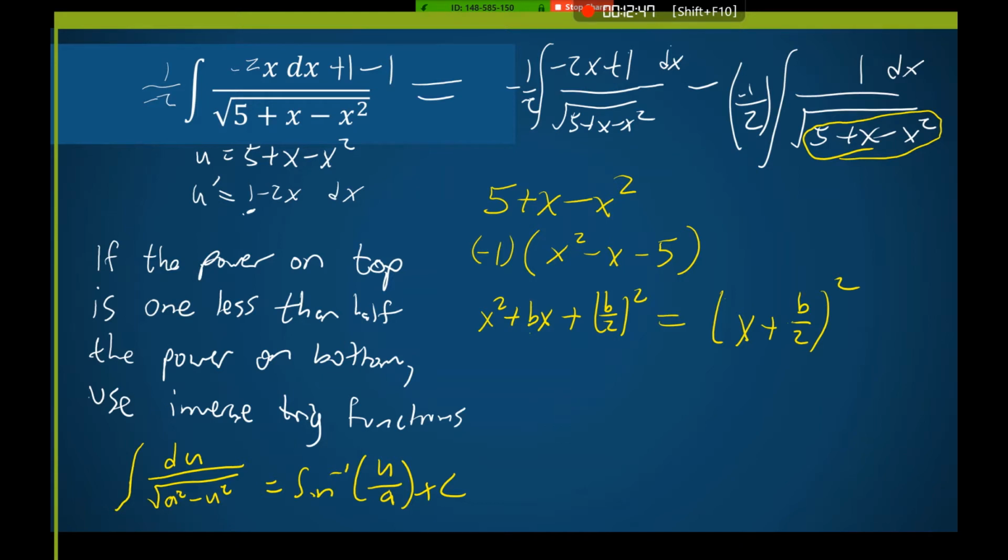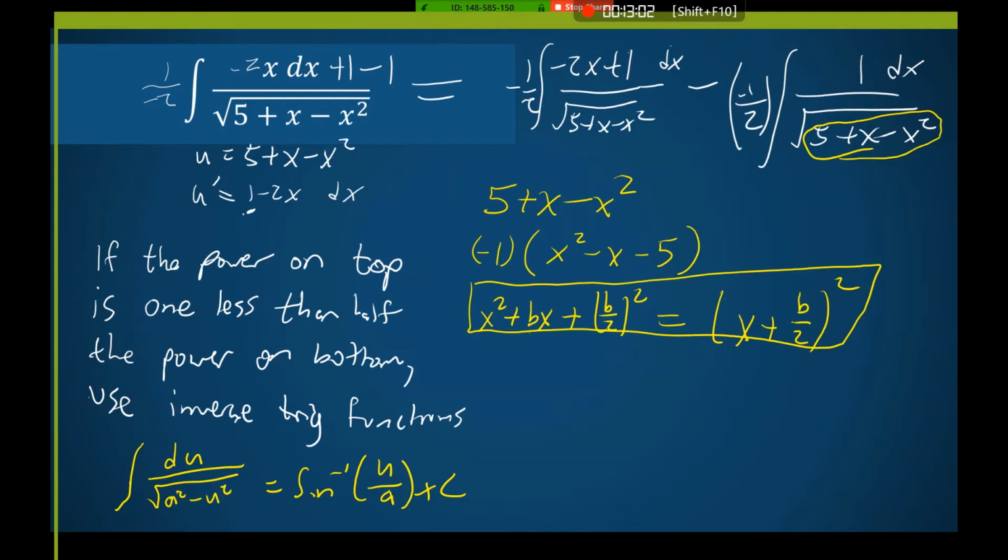Okay, so that's my goal here. So if I take my middle coefficient, that's negative 1, divide by 2, that's negative 1/2, and square it, that's positive 1/4, then I will get a perfect square. Okay, so this is my rule. I'm going to box this so I don't think it's part of my process.